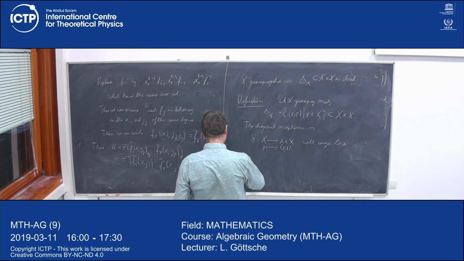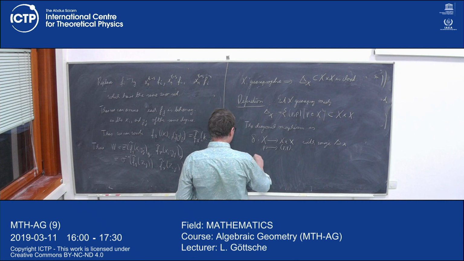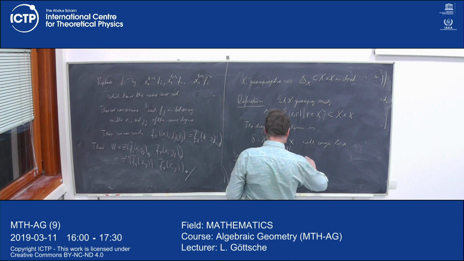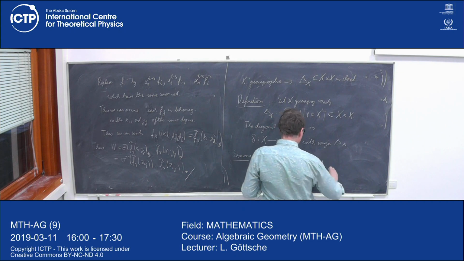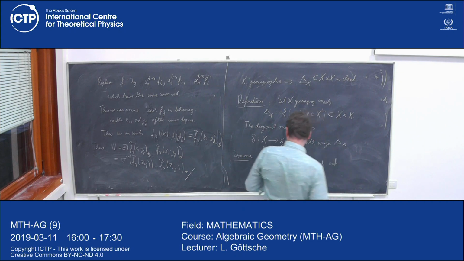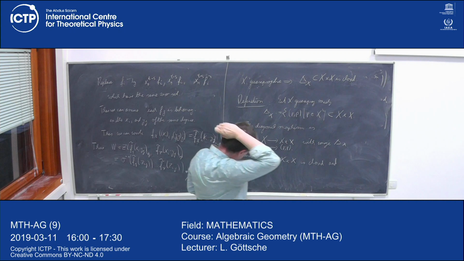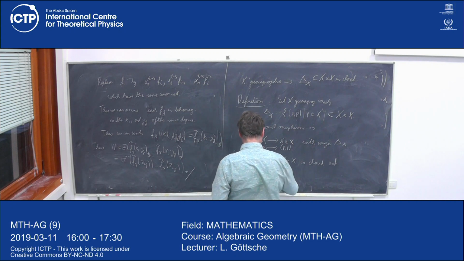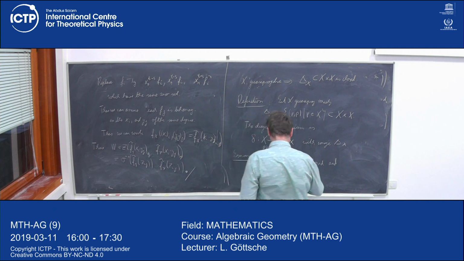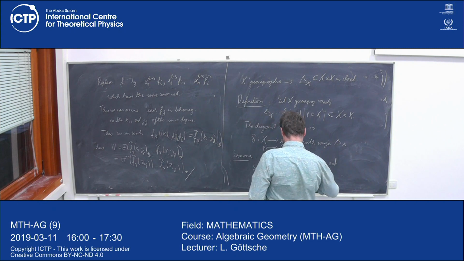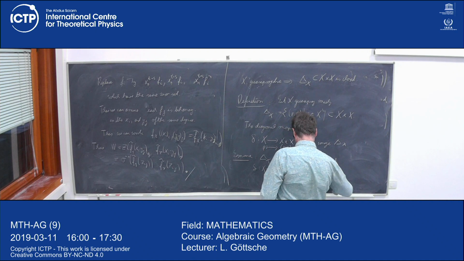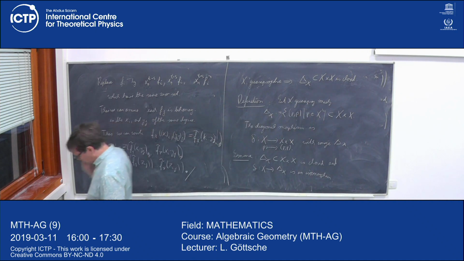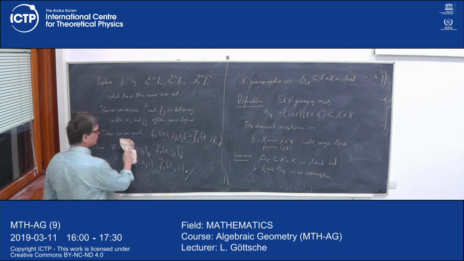And so the lemma: delta x in x times x is closed, and if I take the map delta now as a map from x to delta x, it is an isomorphism. Okay, let me just show that it's closed.